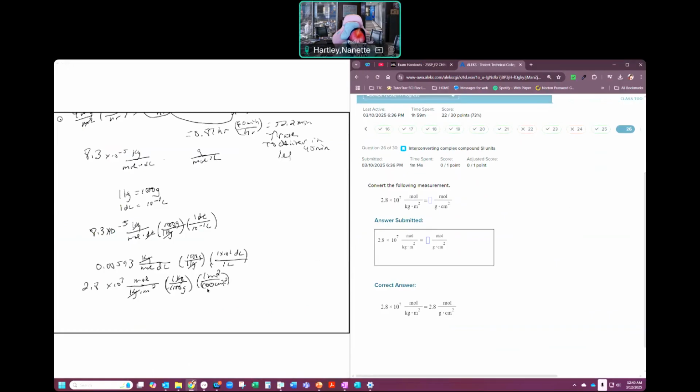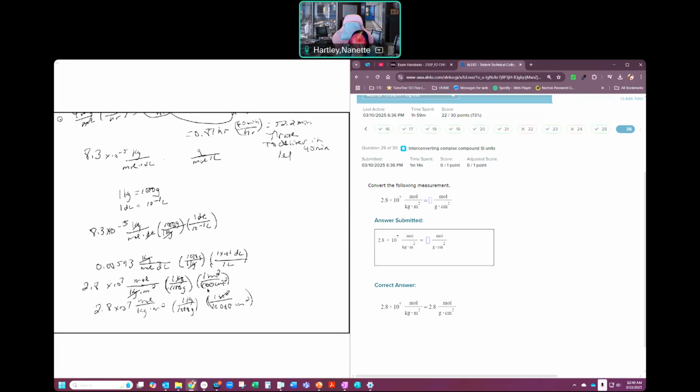And so that number comes out to be 2.8 times 10 to the 7th mole per kilogram times meters squared, times 1 kilogram over 1,000 grams, times 1 meter squared over 1,000,000 centimeters squared.